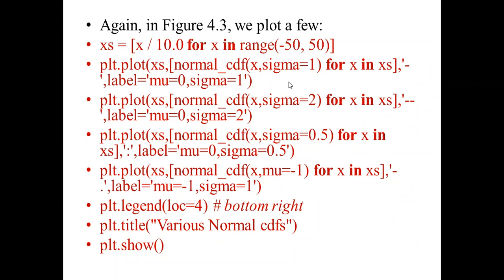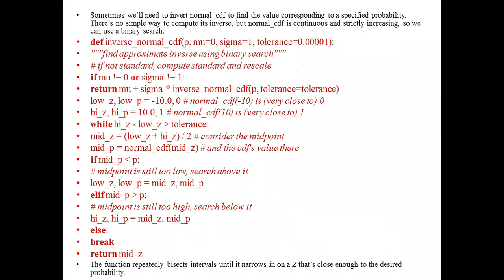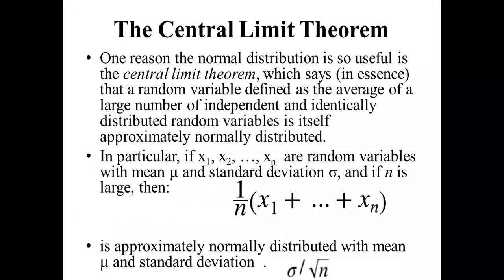Different values are passed, and based on that the graph is drawn. For the standard normal deviation, this is how my graph can be. Then again, the inverse can be there.